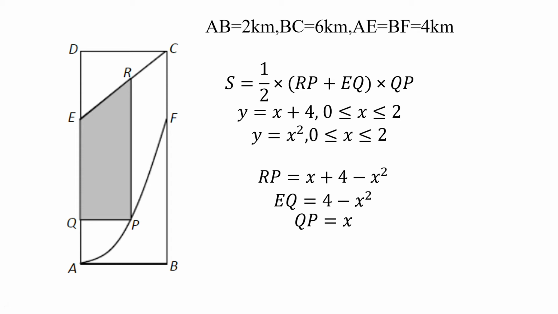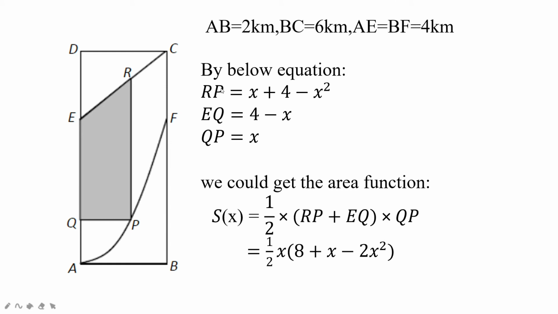EA equals 4 kilometers and AQ is actually the height of the parabola, which is x squared. So we get EQ as 4 minus x squared, and QP is the easiest to get. QP equals x.